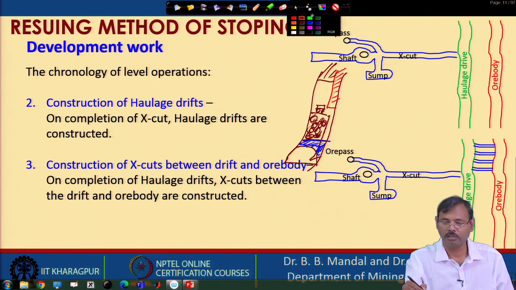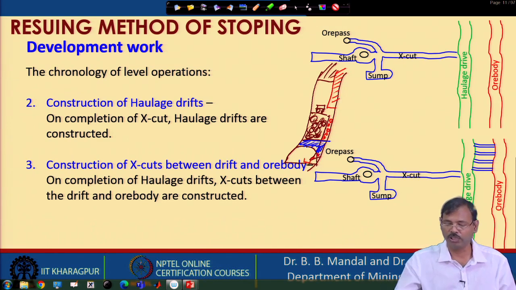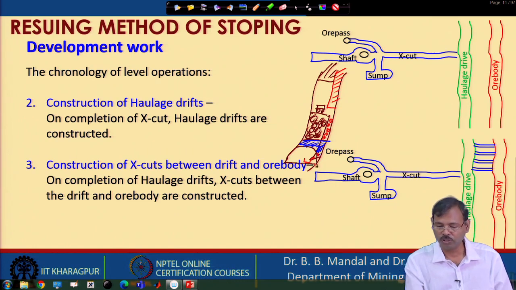This ore material is allowed to be guided into the chute, and eventually it is taken from the lower level. So, at this lower level, instead of a haulage drive, we make a drive in the ore body itself. The ore drive is considered as the haulage drift, and from there the material is taken.